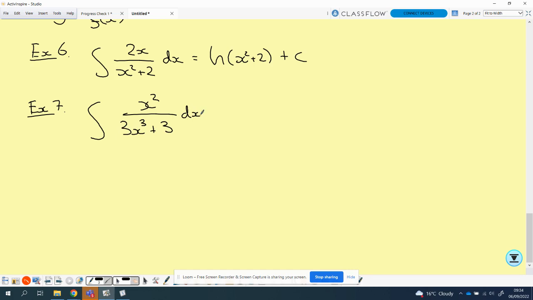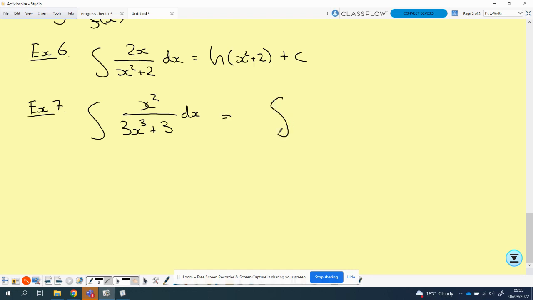Okay, so if I wanted to integrate x squared over 3x cubed plus 3, okay, so you can see that this isn't exactly that format, because if I look at my denominator, which is 3x cubed plus 3, if I differentiate that, well, I get 9x squared, don't I? Now, that means I should have 9x squared on the top, and I don't have 9x squared on the top, I've just got x squared. So I'm really close to what it is, but I can manipulate this. As long as I keep the question the same, I can make it look like this.